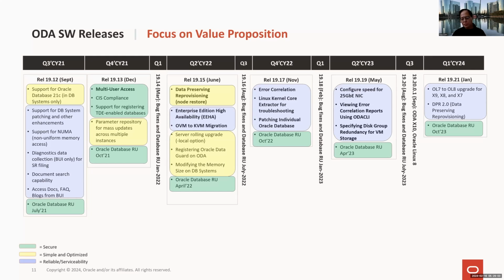And then Sam also touched on the software innovation, and I think this is actually more important than the hardware because we're constantly providing value by adding features and capabilities to this platform at no additional cost to our customers. Every 3 months, we release the latest database release updates with additional features and benefits.